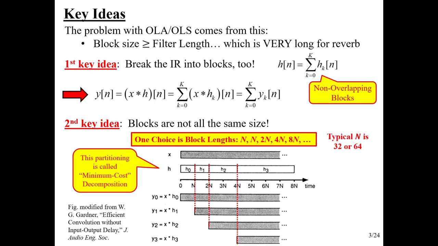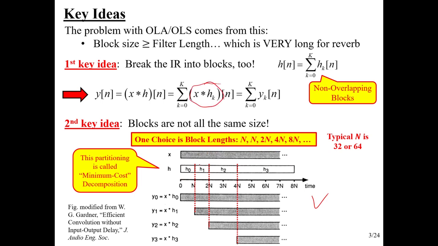And so here we show that partition. Here's the X, that's our signal, that just keeps on streaming. And here we're showing a fairly short impulse response, just so that we can more easily see it, and we've broken it into 3 blocks following this structure: n samples, 2n samples, and 4n samples. Down below, I'm showing what happens when we do each of these individual convolutions.